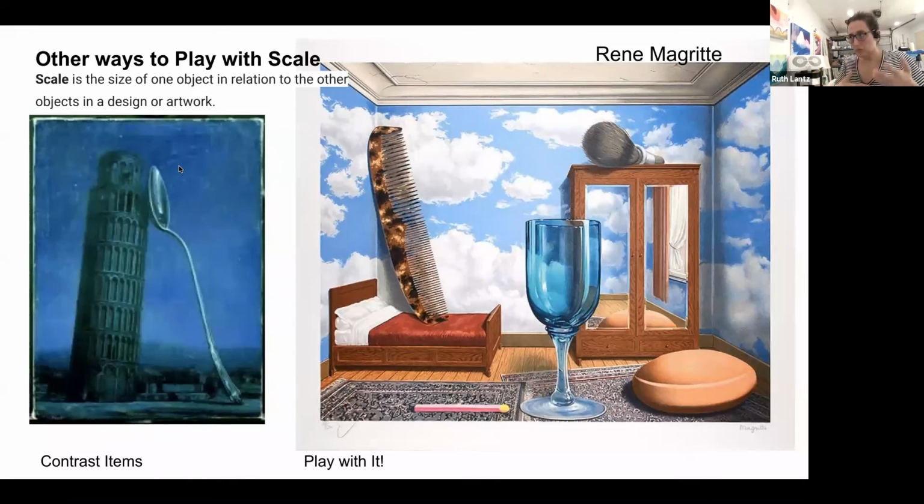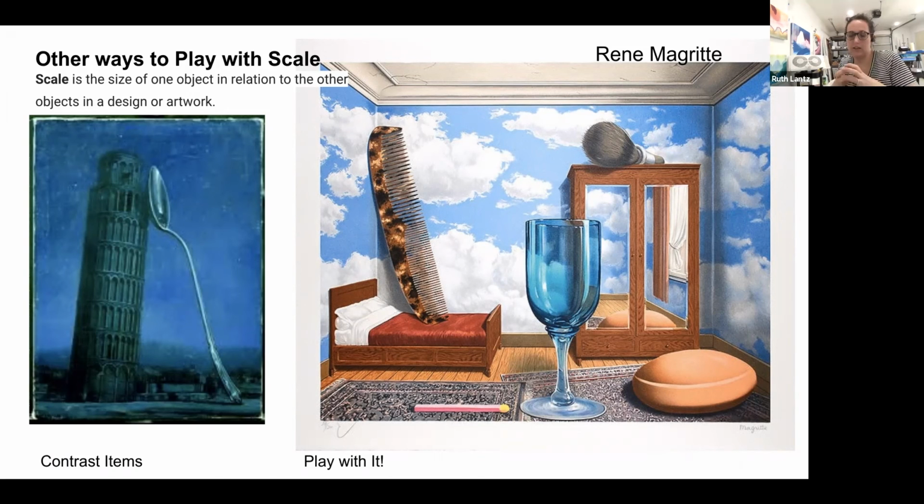Now, your exercise is going to be on relative scale, but I also just want to talk about some other ways to use scale. When we talk about scale, we are talking about the relationship of objects to one another, right? Which is actually different than proportion.